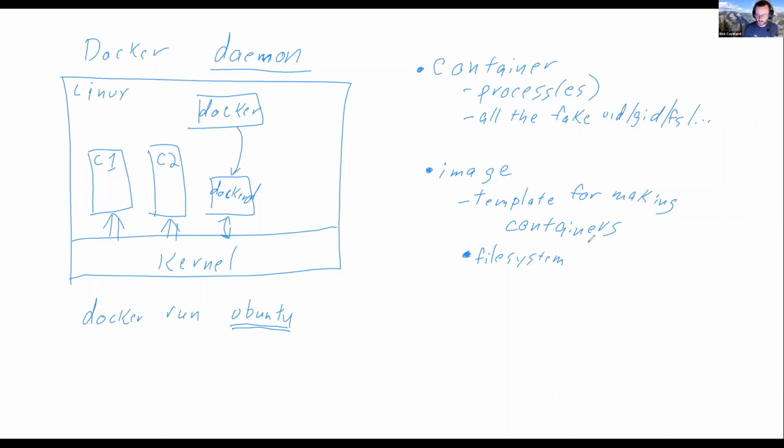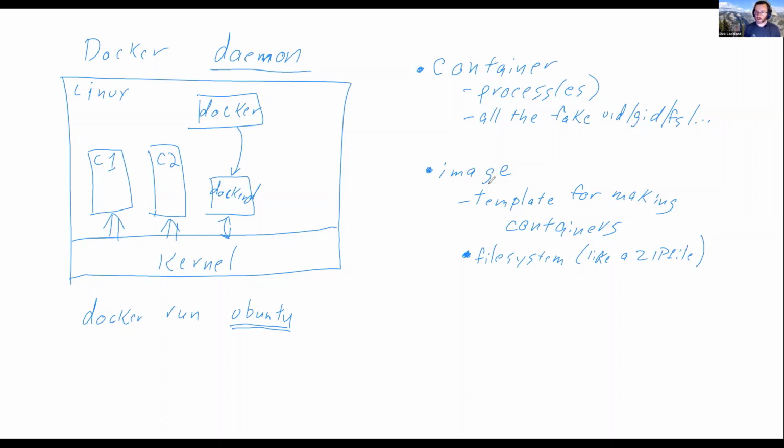So think of it like a zip file. Right? So it's just all the files that it needs to create inside that container. When you're going to create a container, the container is going to start out with these files. There are other things that an image stores, like what program you want to start up when you start the container, or different environment variables to set for that program. But that's the basic idea of the image.